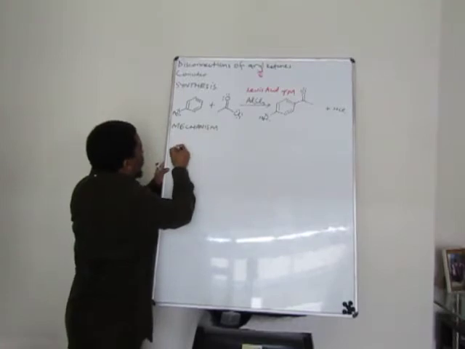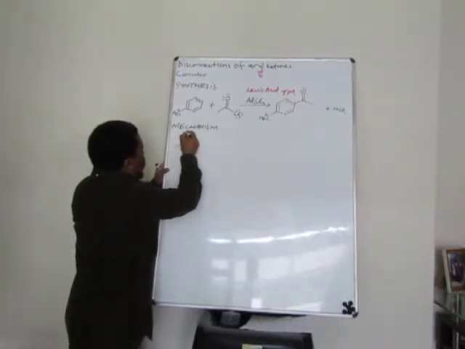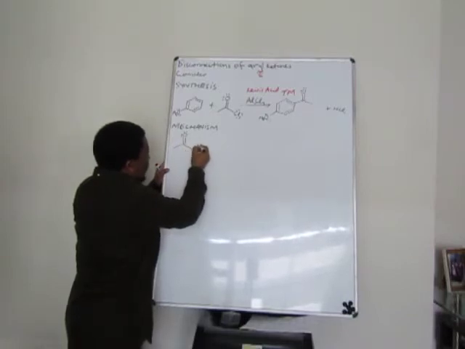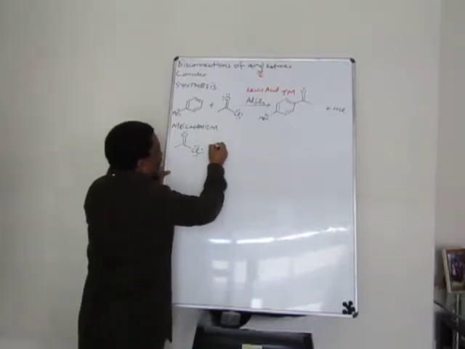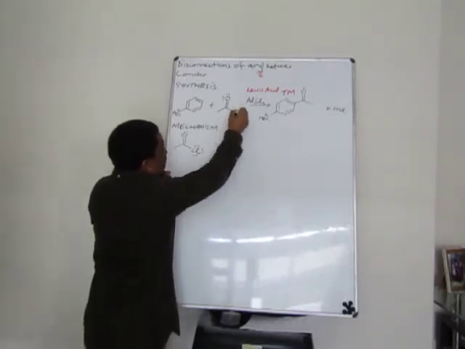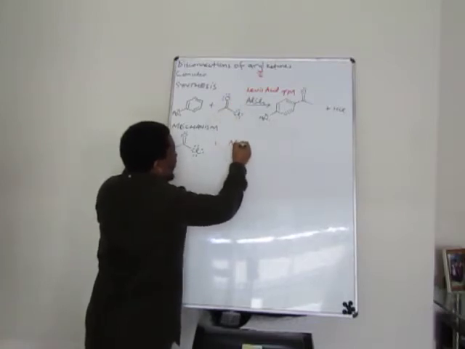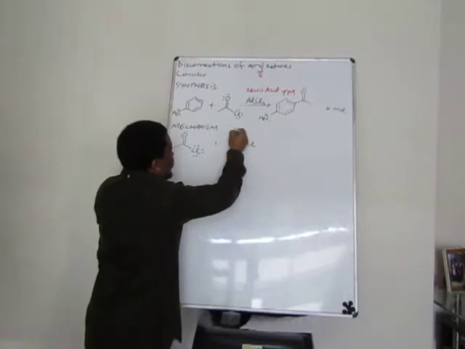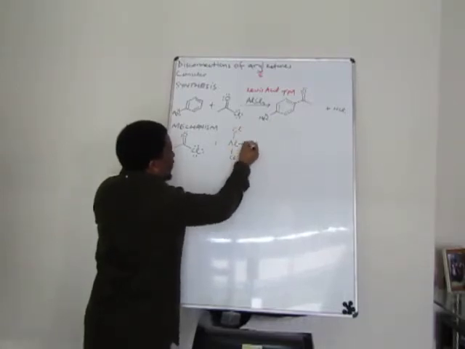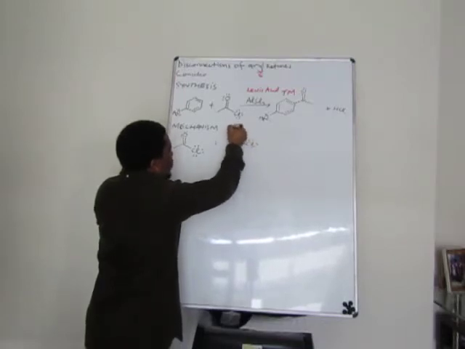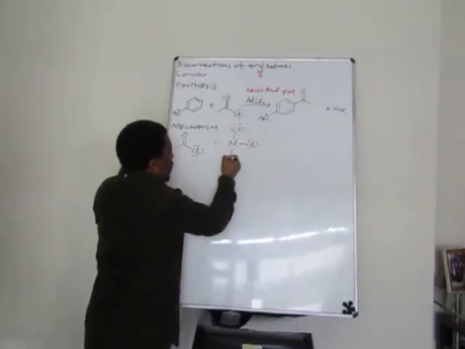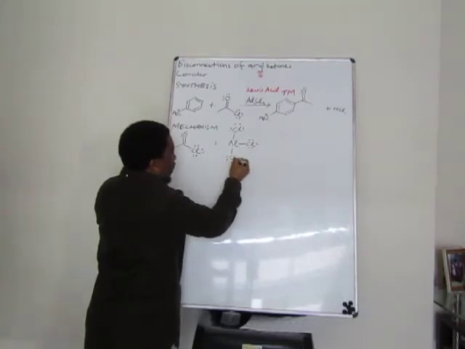This here, C double bond O, we've got a chlorine here, and it reacts with AlCl3: Al bonded to Cl, bonded to Cl, bonded to Cl.